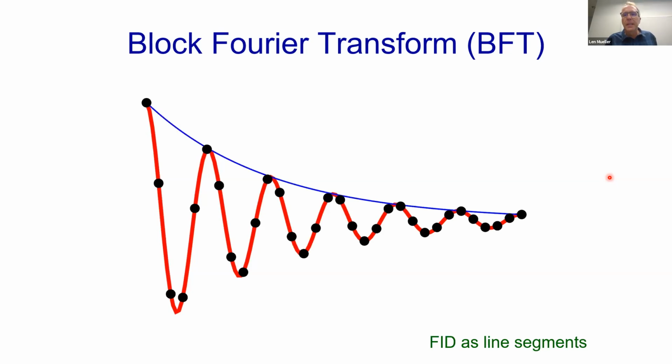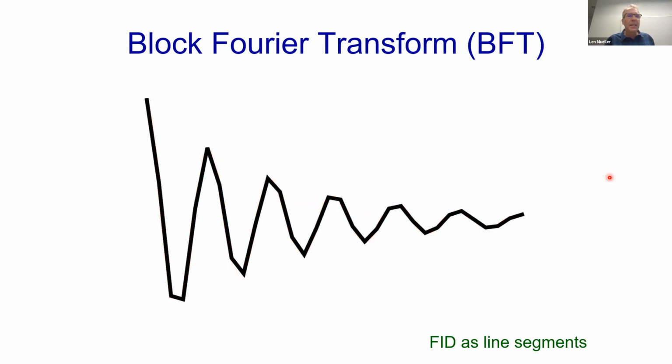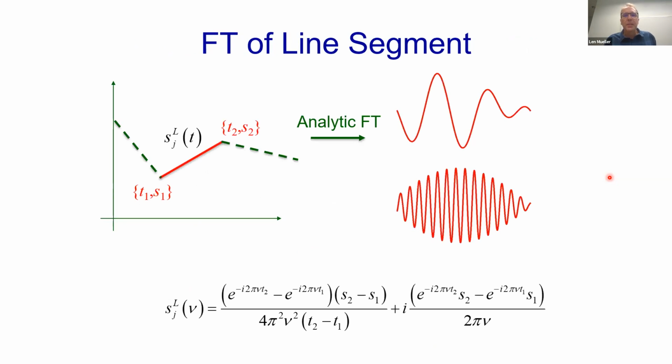And what I want you to see is not the points in the free induction decay, but the connection between the points. That is, I want to introduce the idea of the free induction decay as a series of line segments. And the reason I want to do that is because each of these line segments has an analytic Fourier transform.